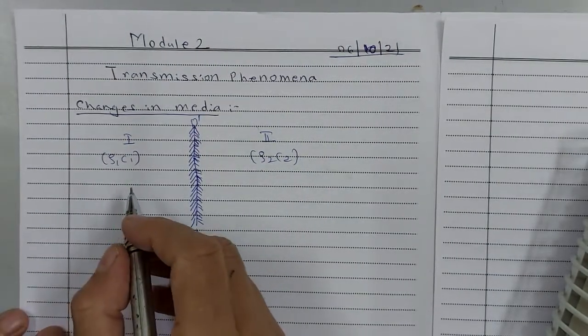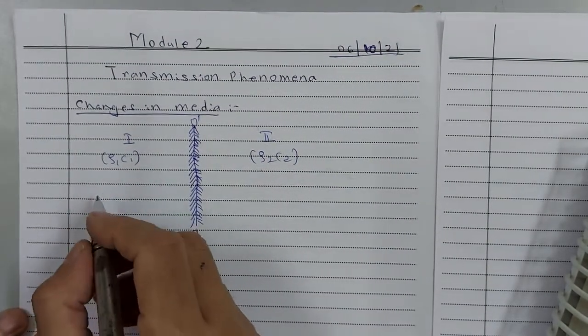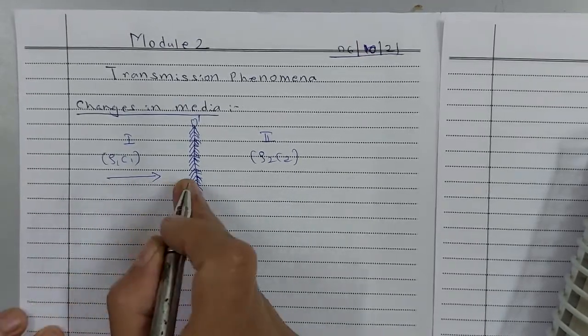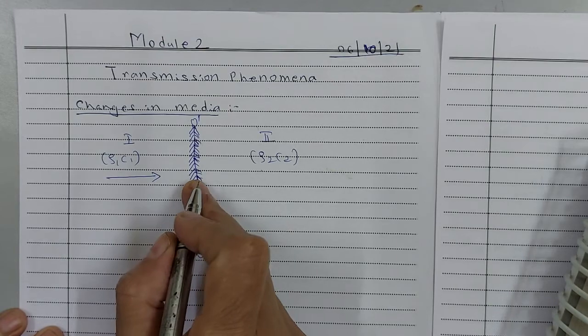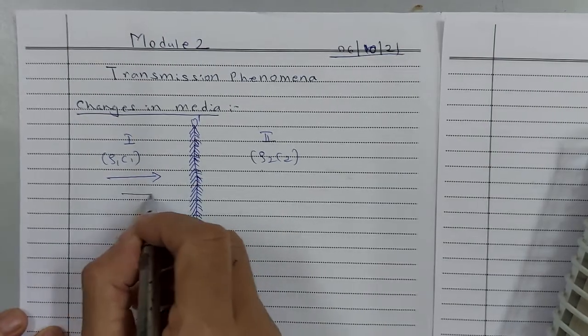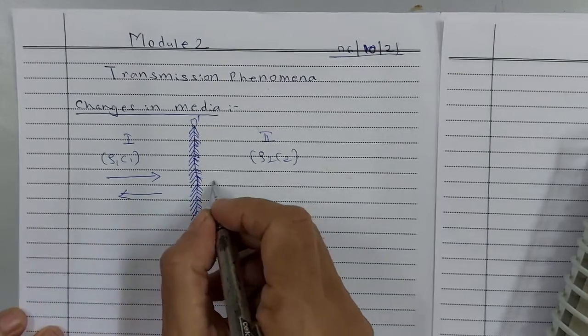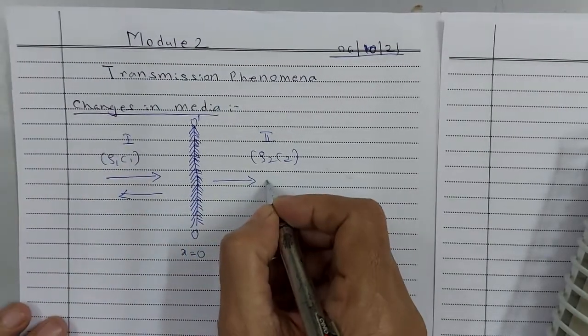So for such a case, whenever a progressive plane wave hits the medium, we will be able to observe a reflected wave. It will hit and reflect back, and this will be my transmitted wave.